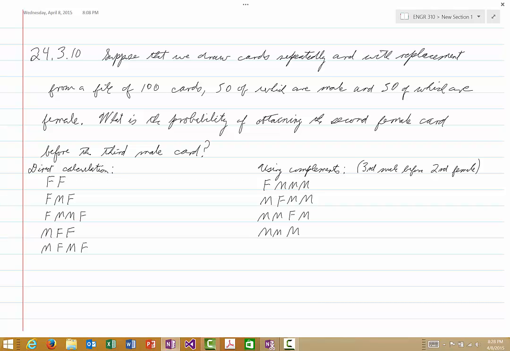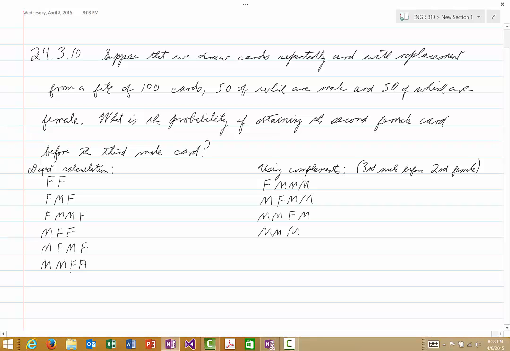And what about male, male? Now, if the first two cards drawn are both males, and we want the second female to come before the third male, then we'd have to have F and F. Both of the next two would have to be female in order for the second female to be chosen before the third male.